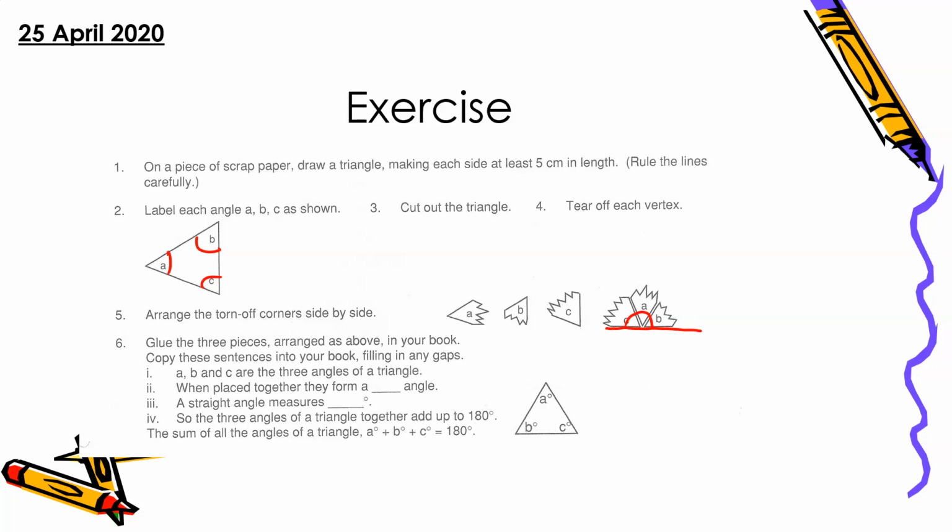Okay, so you should have had a go at putting that together. So let's take a look at part 6. After you've glued those three pieces together, copy the sentences. A, B, and C are three angles of the triangle. When placed together, they form a straight angle.